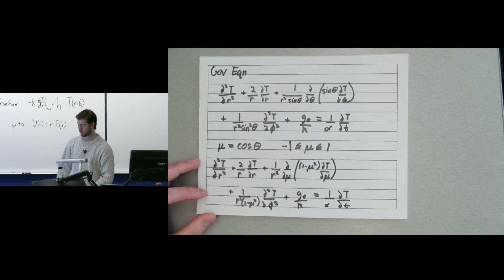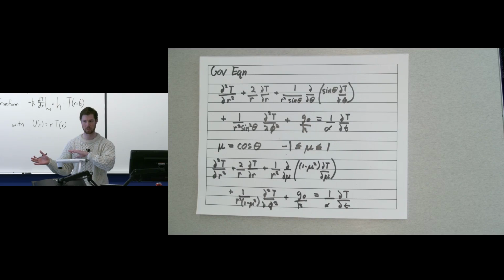So all we've done here is replace our zenith direction with mu. We'll see why this makes it easier as we get to the problems later on.